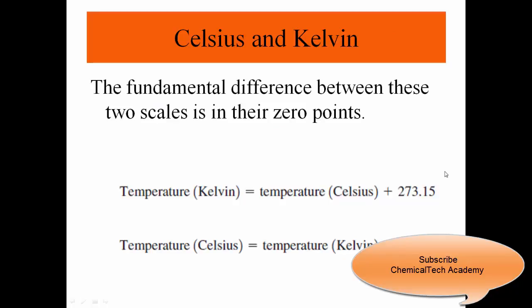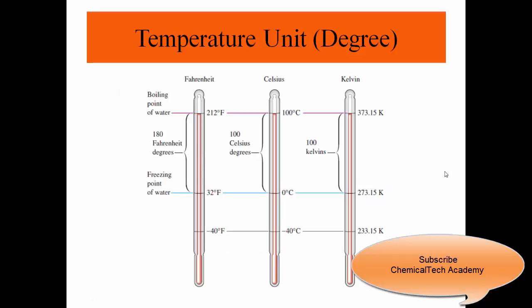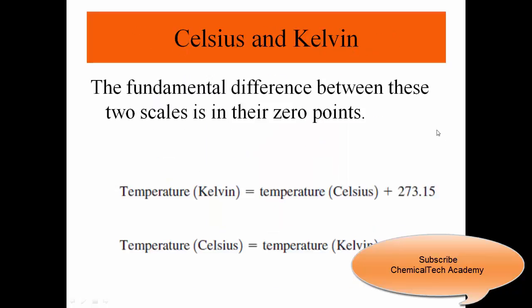So let's see how to convert Celsius and Kelvin. In the previous slide we said the magnitude, the size of a degree, is equal, but their difference is based on their 0 point or reference point. Converting Celsius to Kelvin is very simple.